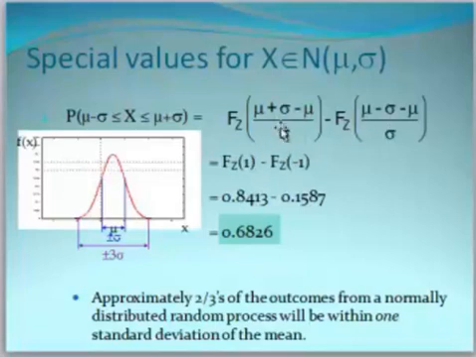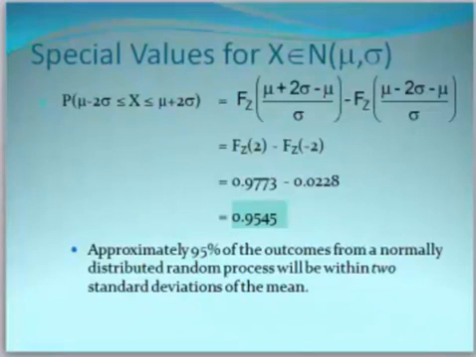Look at this, it's converted into the z-coordinates. It's the cumulative distribution for z at 1 minus the cumulative distribution for z at minus 1. So you subtract those two areas, there you go, 0.68. So approximately 2/3 of the outcomes from a normally distributed random process will be within one standard deviation of the mean. That's not too bad.